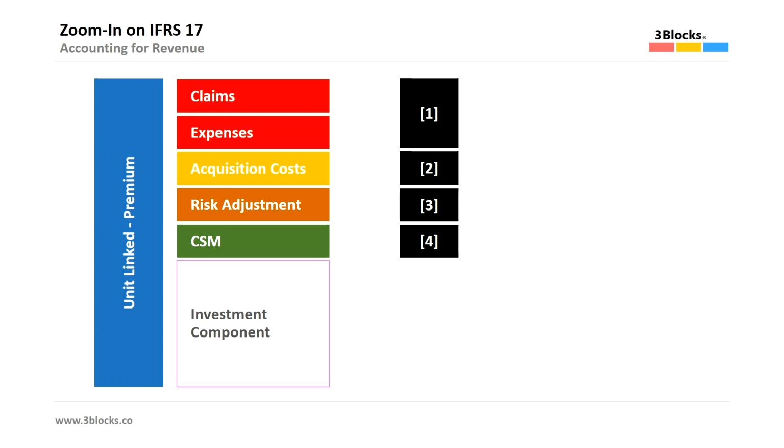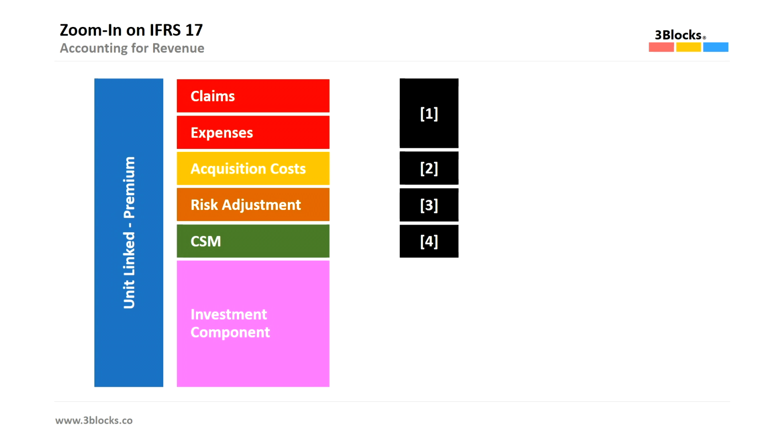Typically, most of the unit-linked premium represents an investment component, and this investment component doesn't go through an income statement at all. In this episode, I would like to focus on the accounting journal entries, so let's see how revenue will be accounted for under the new standard.